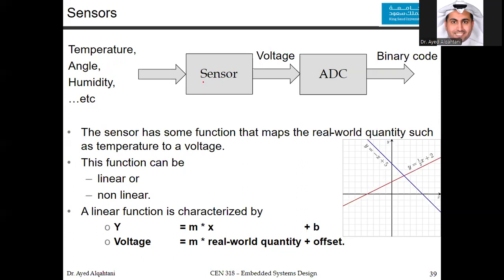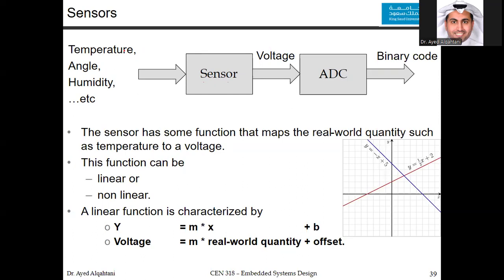Now, the job of the sensor is to convert this value, the temperature, you know that the unit of the temperature is degrees centigrade or Fahrenheit.